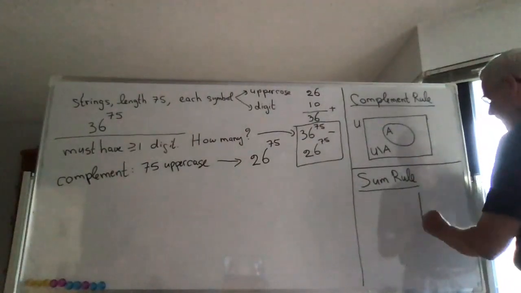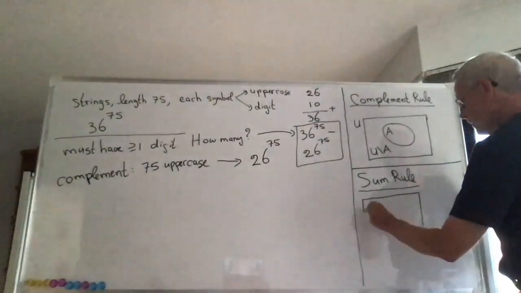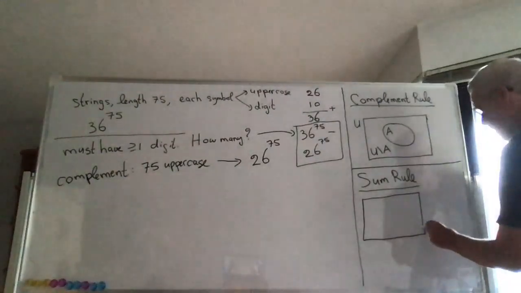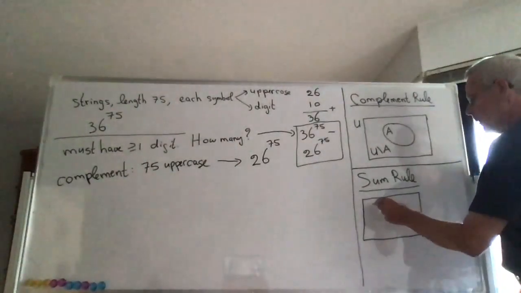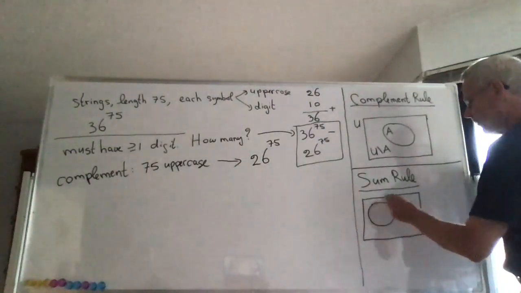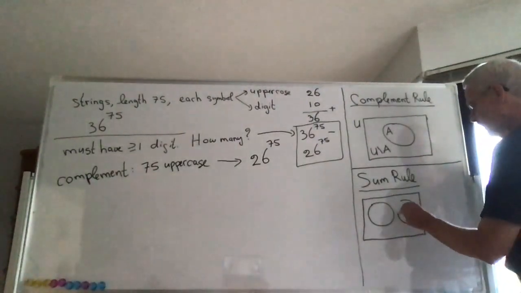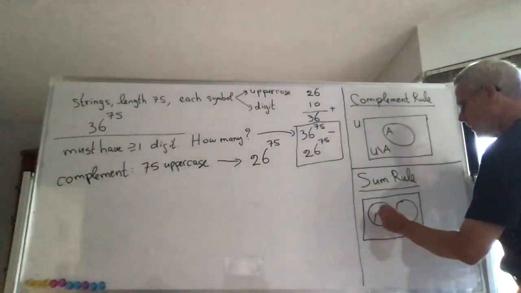In a picture, drawing a Venn diagram again. Suppose we have two sets A and B, and these sets are disjoint, which means the intersection of A and B is empty.